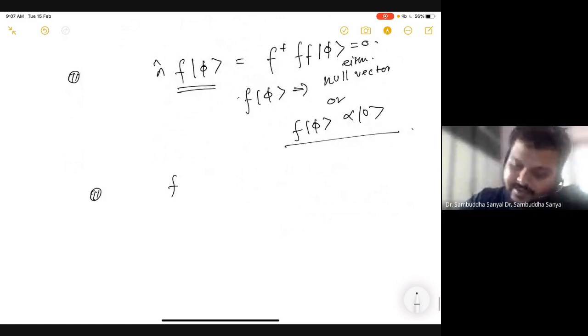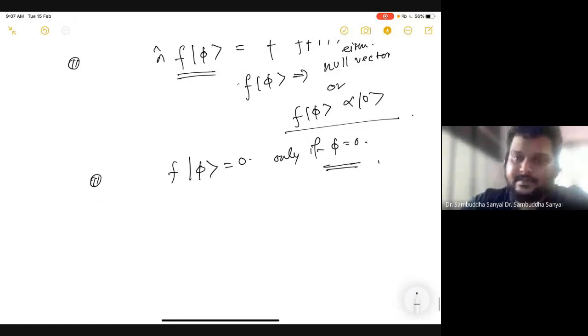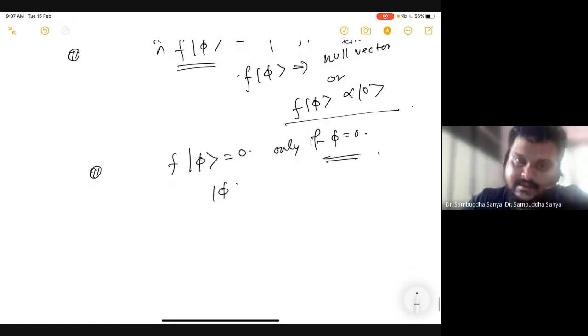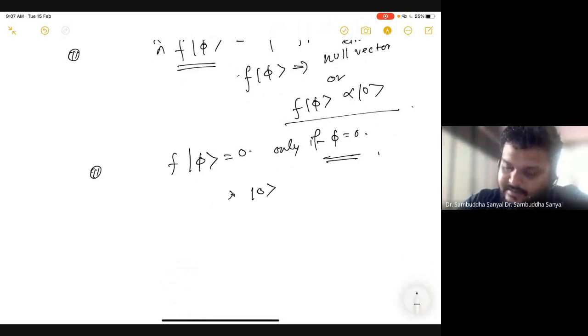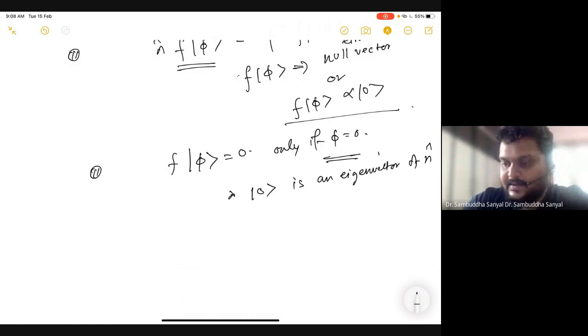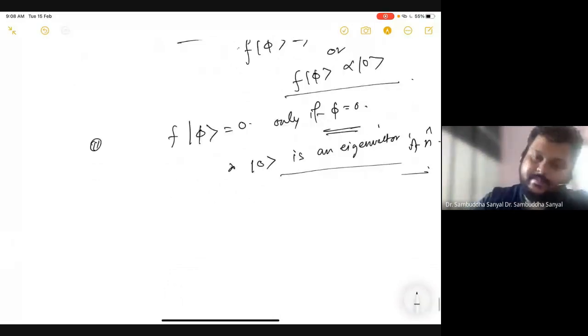You can show it yourself also. If phi equals 0, only if phi is equal to 0. Okay. So from that it implies that 0 is an eigenvector of n. Okay.